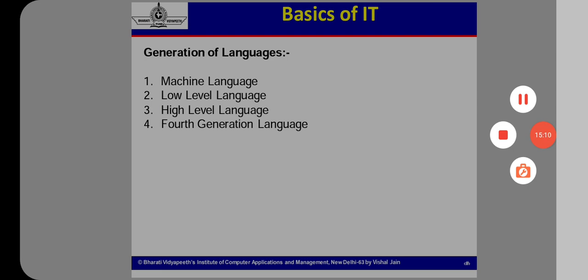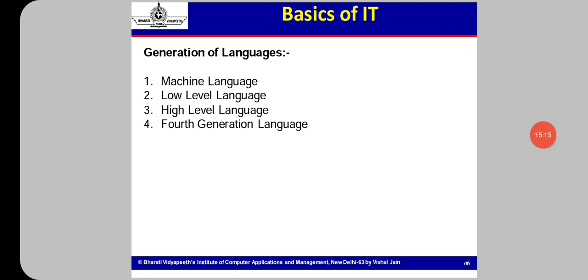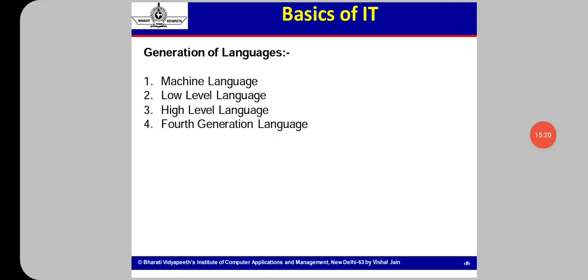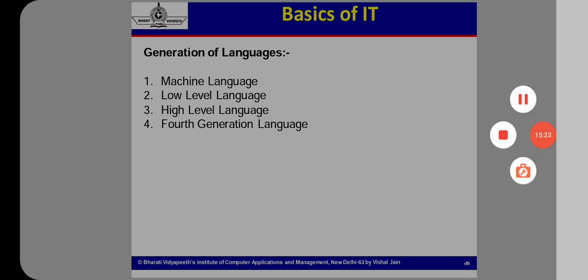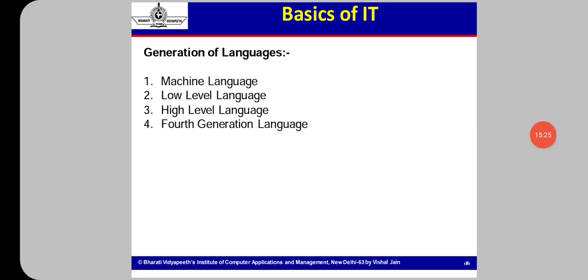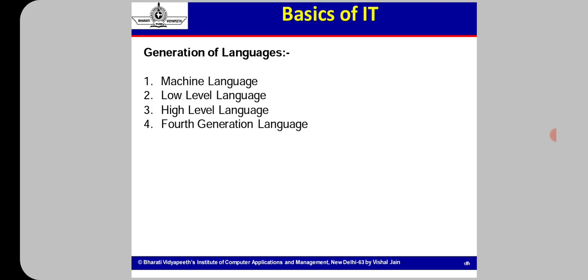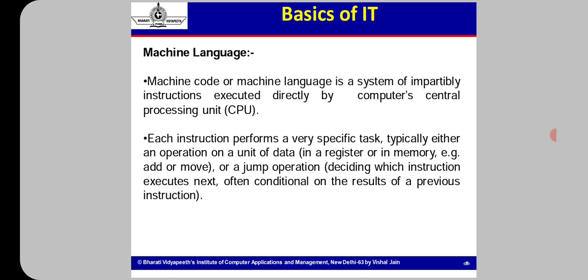Basically, computer languages are divided into four types, as we already discussed in the class. The first one is machine language, the second is low level language, the third is high level language, and the fourth is fourth generation language.